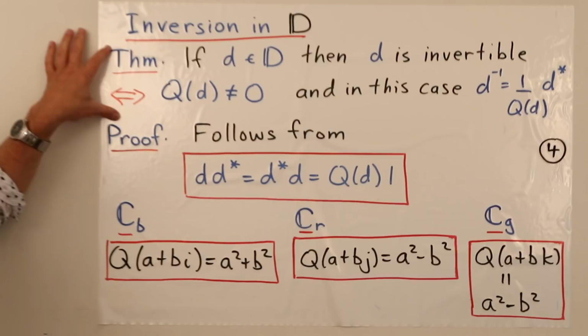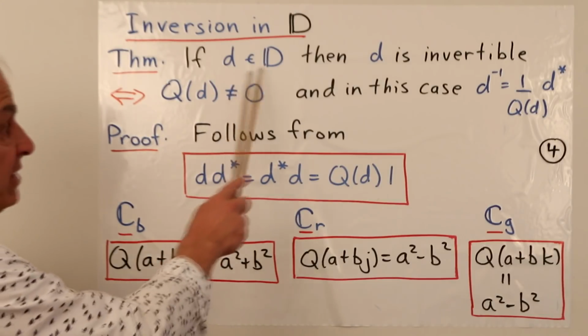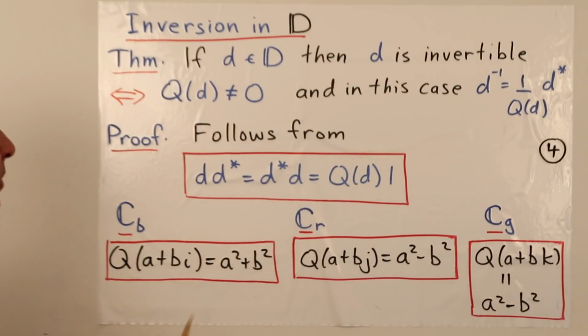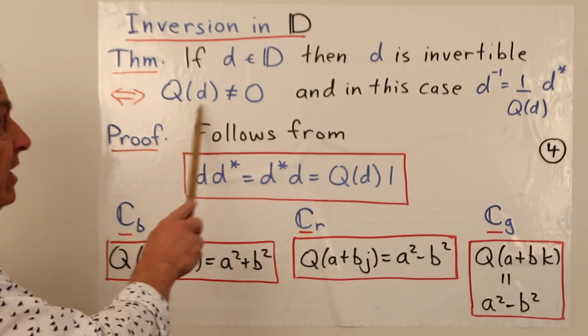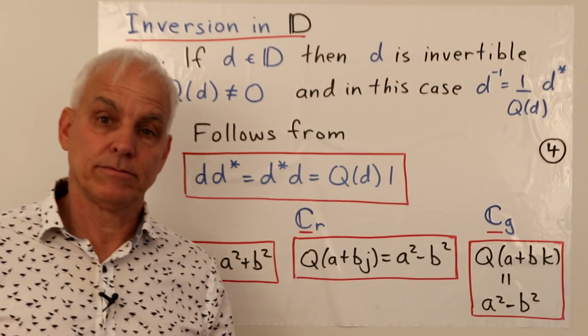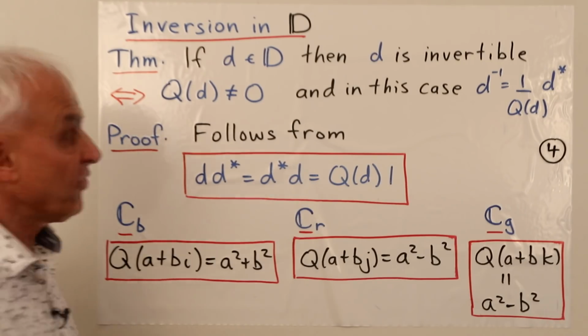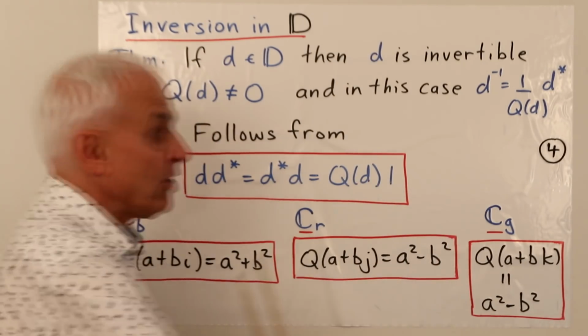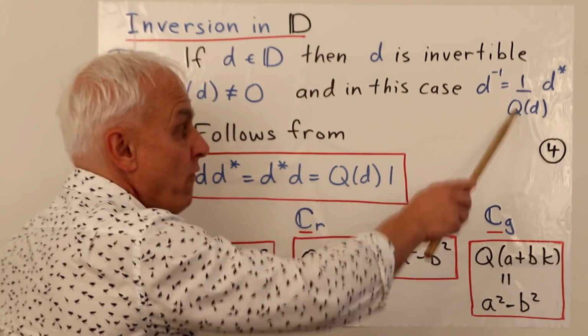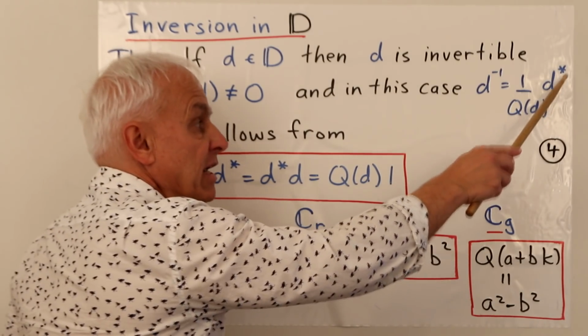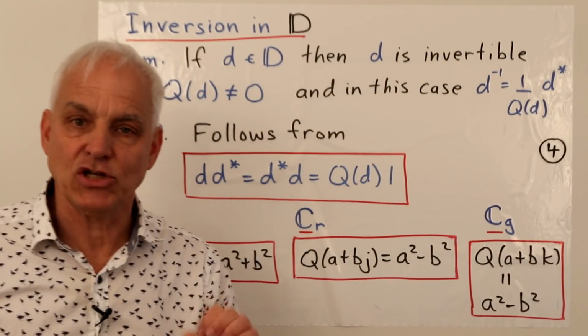And the answer here is given by this theorem that if D is a dihedron, then it's invertible precisely when its quadrants, Q of D, is not equal to 0. And in this case, the formula for the inverse is given by this. D inverse is equal to 1 over this quadrants times D star, the conjugate of D.